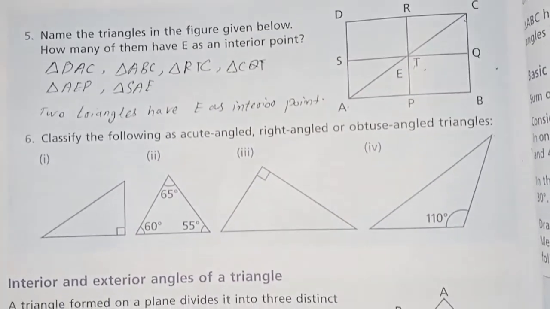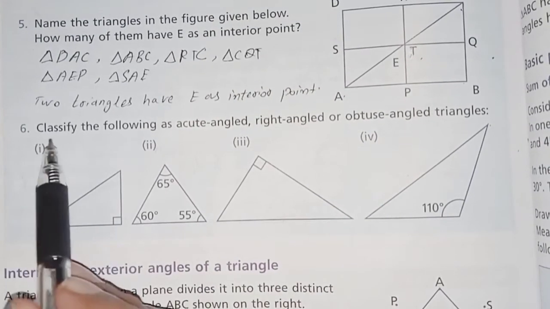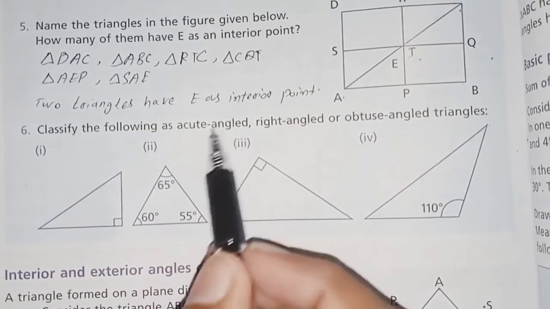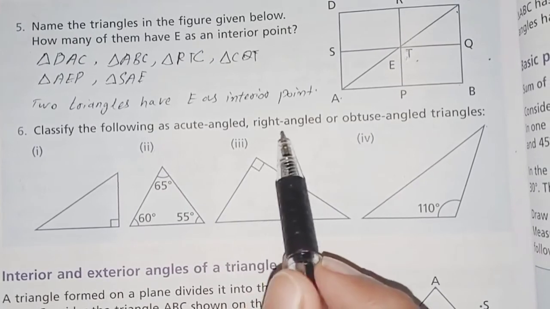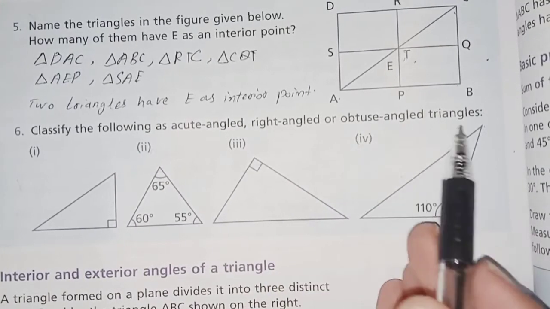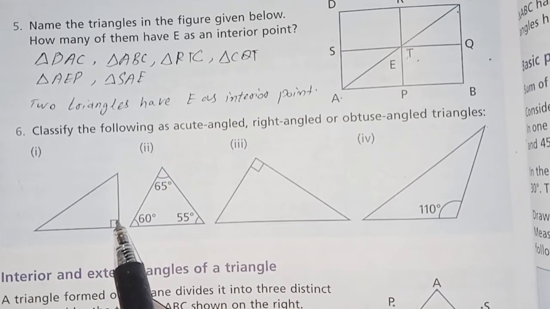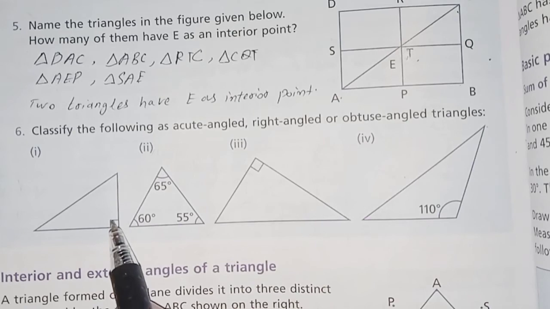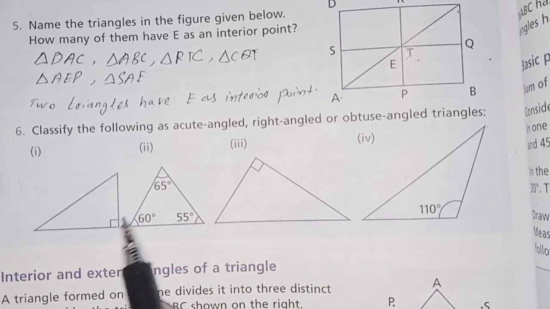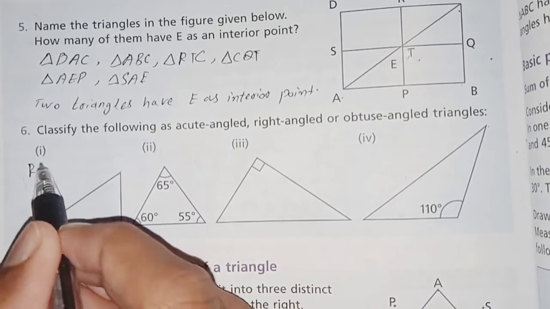Now question number 6 is written as, classify the following as acute angle, right angle or obtuse angle triangle. This box is showing that this angle is 90. We know any triangle which has one angle of 90, that triangle is called a right angled triangle.